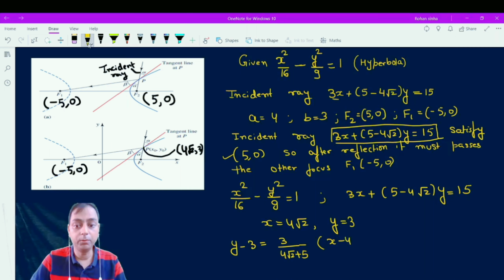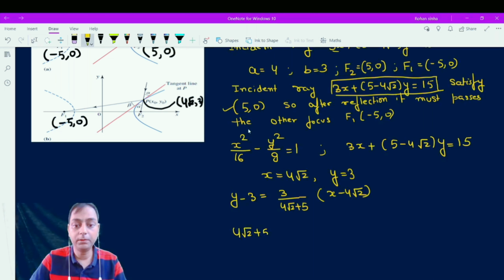If we simplify this further, we find (4√2 + 5)y - (4√2 + 5)·3 = 3x - 12√2.